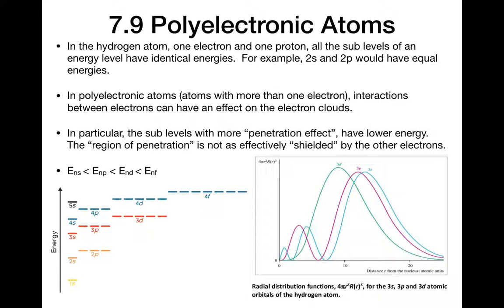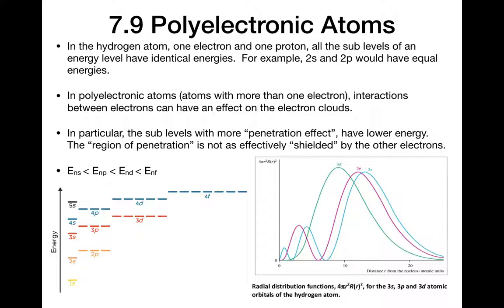Now, if we had atoms like the hydrogen atom, with only 1 electron and a nucleus, all the sublevels of a given energy level would have identical energies. For example, 2s and 2p would be equal in energy, or 3s, 3p, and 3d would all have equal energy.